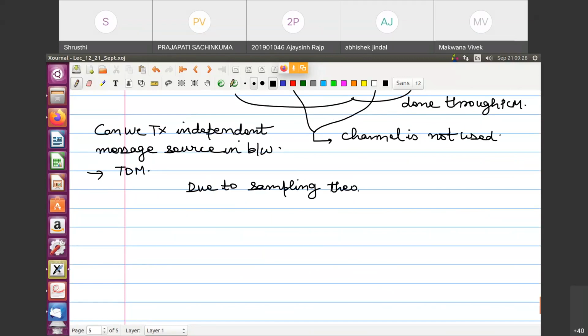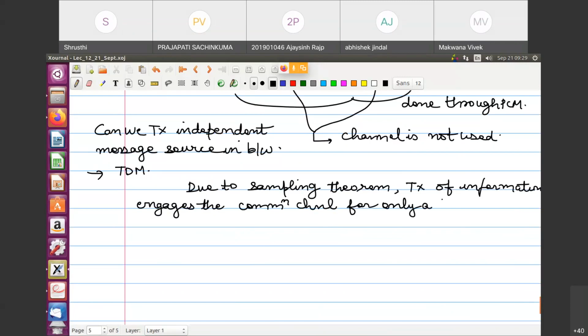Due to sampling theorem, transmission of information engages the communication channel for only a fraction of the sampling interval on a periodic basis.